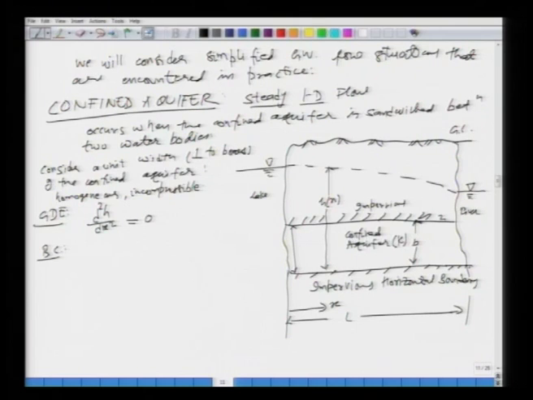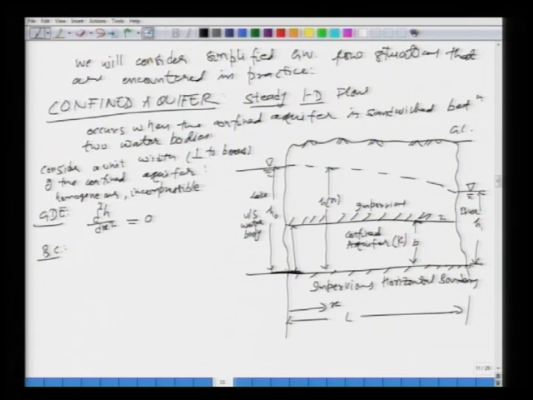So, boundary conditions are what? I think I have not defined them here, so let me do that. Let us say that the height of the water surface in the water body upstream is h 0. So, this is your upstream water body. Upstream means the h 0 is higher than the water surface elevation here. Let us say this is h 1, and we are measuring all the elevations from the bottom layer, which is this one.